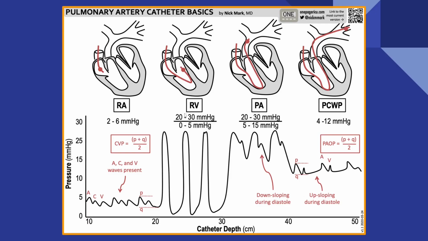Okay, and that should be 20 to 30 over 5. Again, you don't really have to memorize these numbers right now. Just write them down. Because I'm going to go through them later, and we'll do a review here in a second. And then you can stick this even further, and you're just looking here at the pulmonary artery. How tight is this pulmonary artery?